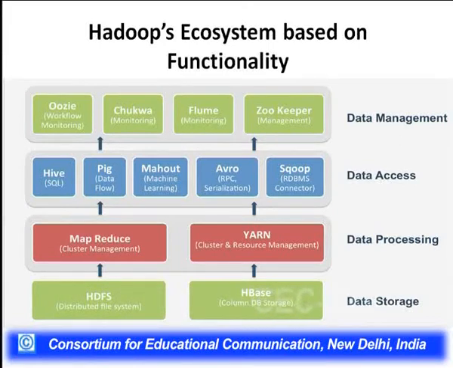Then for data access, we have a massive number of applications which are developed on top of Hadoop. For these, you do not have to learn about the internal functioning of Hadoop. You can use them very similarly to your traditional applications, like Hive, which is built very similar to SQL.